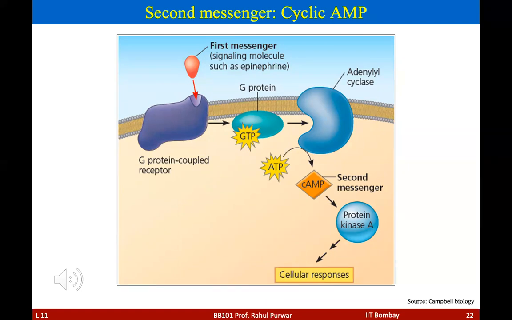And when the signal comes to cyclic AMP, this acts as a second messenger, because here it will again go to activation of protein kinases, then multiple steps of protein kinase activation, ultimately leading to cellular responses. So cyclic AMP basically acts as a second messenger and connects the first signaling to the signal transduction pathway, which is mediated by protein kinases and the phosphatases.